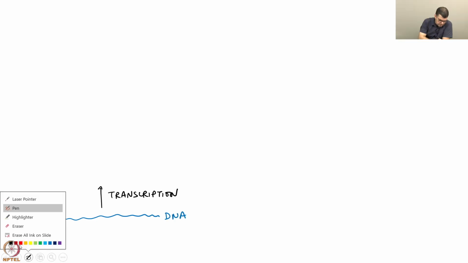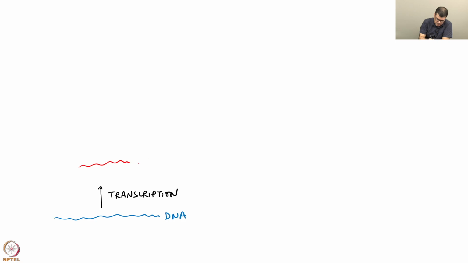So, let us imagine that we have a DNA sequence, and then transcription is going to take place, and the resulting product will be an mRNA. These mRNAs usually have a very short half life compared to DNA. It is an unstable molecule, mRNA.